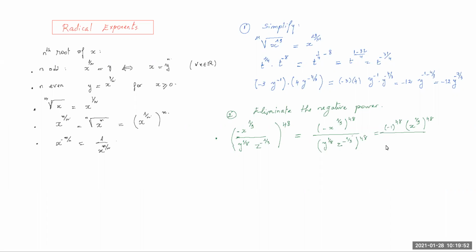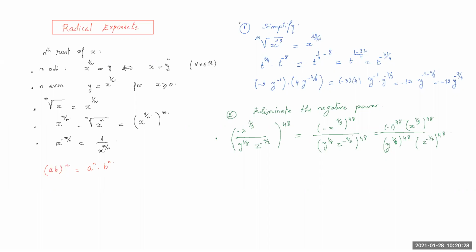Then I work separately. The rule I am using is (ab)^n equals a^n b^n, where n can be a fraction.